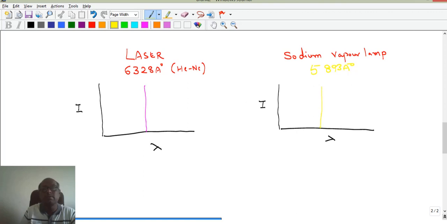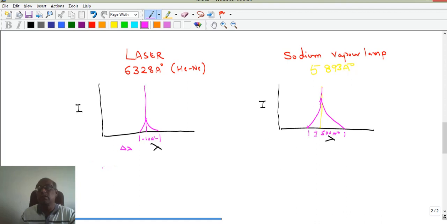That is our expectation. But what is happening is line spreading is taking place. For laser, the wavelength spreading del lambda is approximately 10 angstroms. And for sodium, it is plus or minus 500 angstroms.